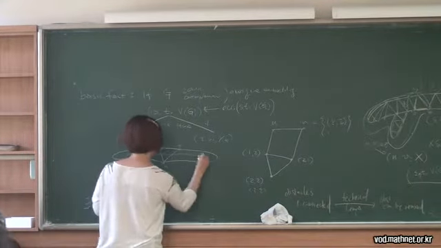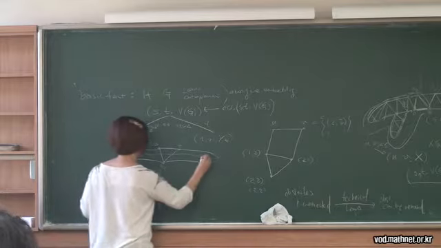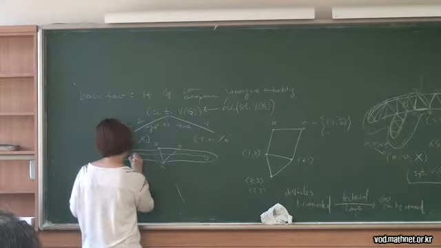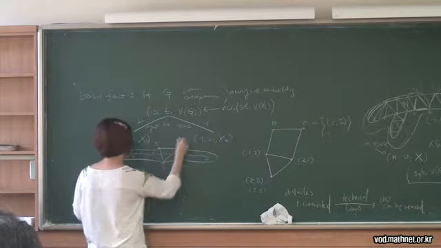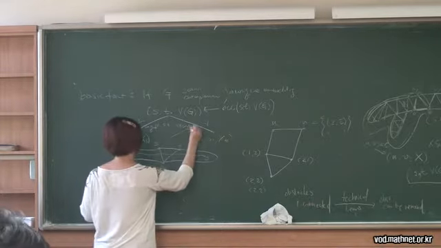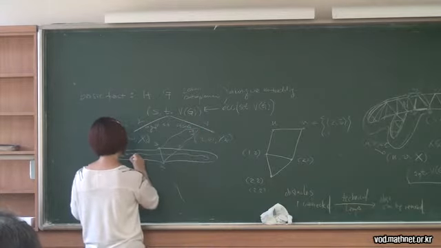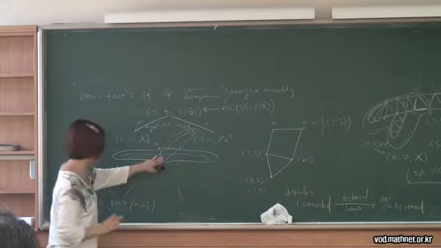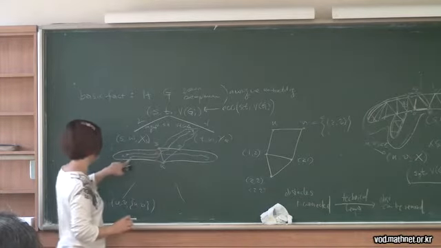Or you may have a vertex on one side and another vertex outside of the boundary, so it may look like this. So the two vertices that achieve the diameter may look like that.